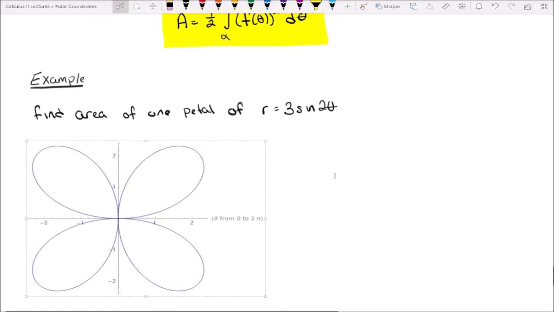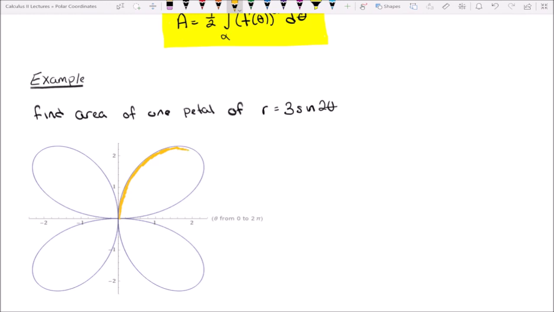So we want the area in just one petal. Let's do yellow. So it's not going to matter which petal we choose, right?